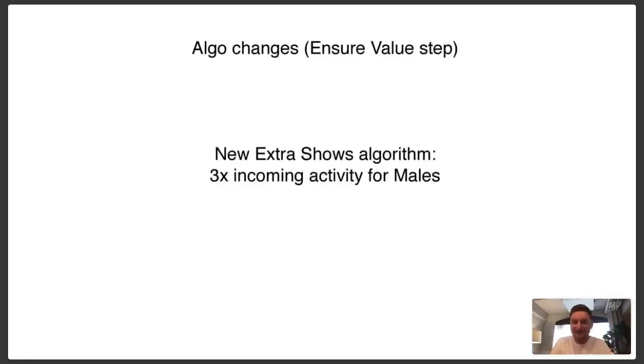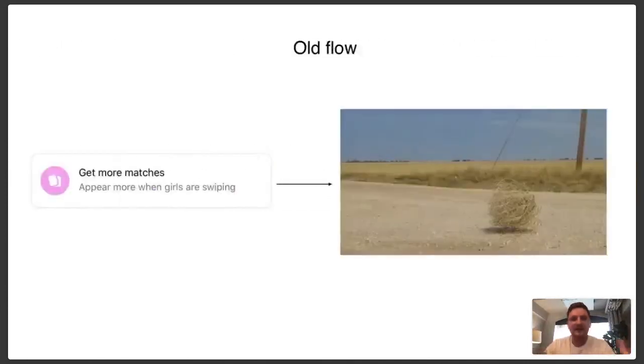And of course, if we're increasing incoming activity, that's good. But another thing is that with outflow, get more matches is the entry point for purchasing extra shows. So when you're tapping on it, you purchase the credit feature and that's it. Nothing happens. I mean, the product works.